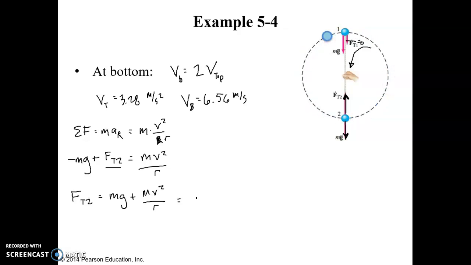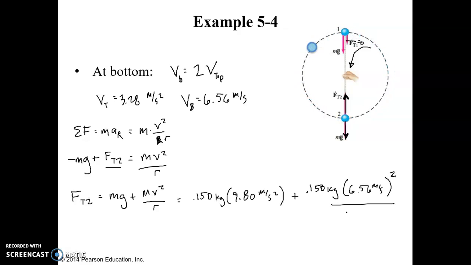So that's going to be equal to our mass of 0.150 kilograms times gravity, 9.80 meters per second squared, plus 0.150 kilograms times 6.56 meters per second, which is our velocity for part B of this question, squared, divided by the radius of 1.10 meters.